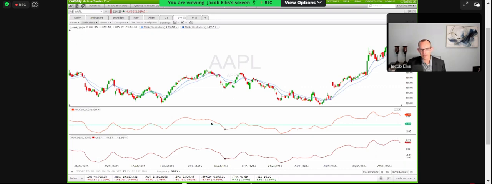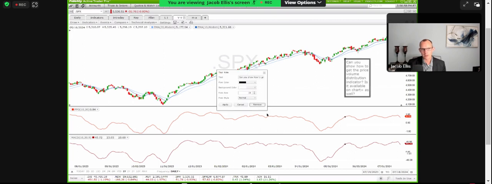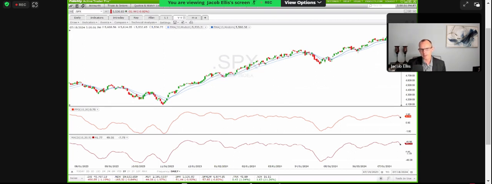So if we wanted to be able to compare this for Apple and see that it's at 2.4% on the PPO, and then come over and take a look at the S&P 500, which is at 5,000 instead of at 2,000, well, that's a very different look, isn't it? A very, very different look indeed. But 0.75 is a comparable number in terms of how far apart the moving averages are.